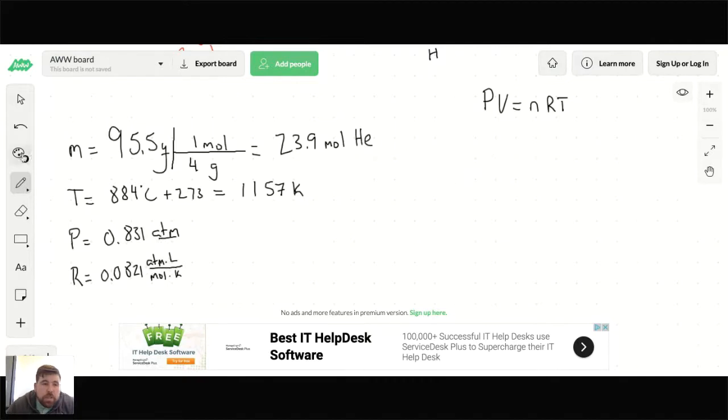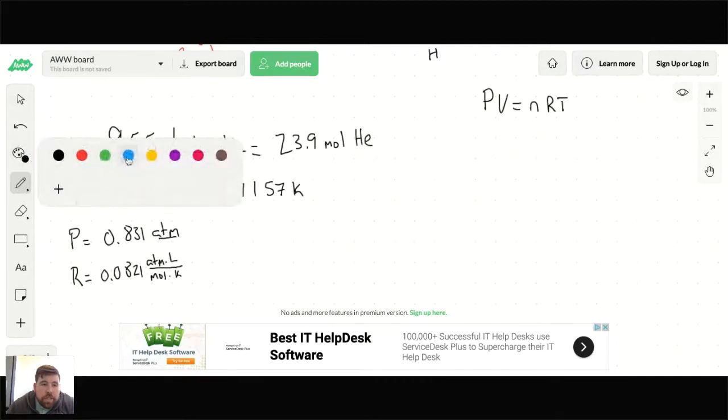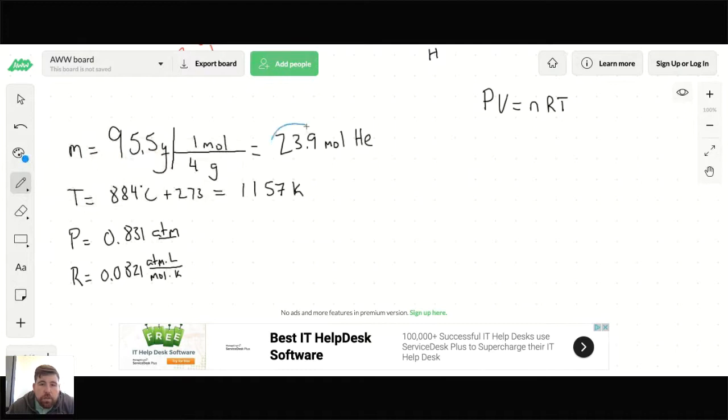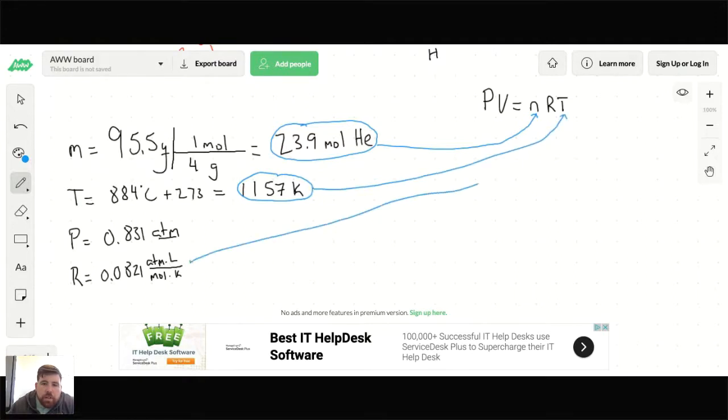So what we're going to do is plug in all of our values. We have moles, which we got from the mass using molar mass, and we plug that into n. We plug our temperature into T. Here is our R value. And last but not least, the pressure goes right here on the left-hand side.